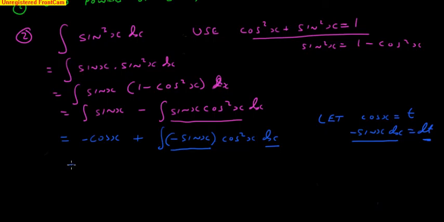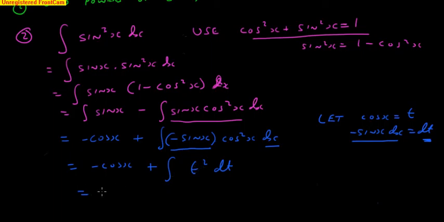You can write this cos squared, it's all just multiply, you can put it any way you like. So I've got negative cos x there plus the integral of cos squared x, well cos x is t, so cos squared x is t squared dt, because negative sine x dx is dt. And now we can integrate this in a pretty straightforward way.